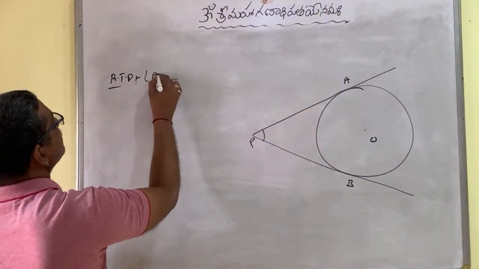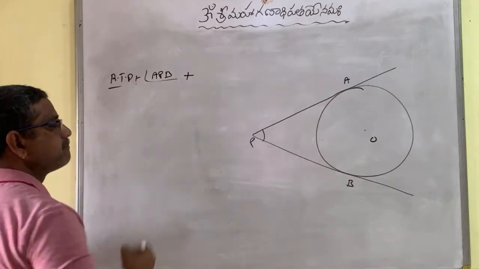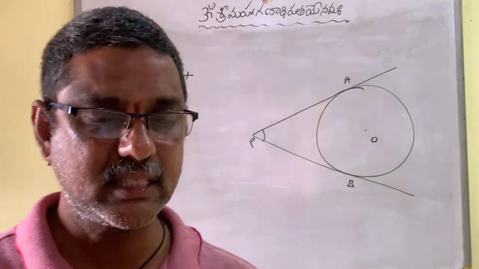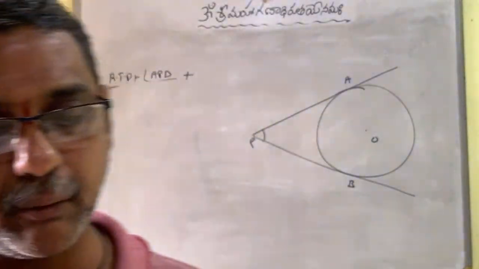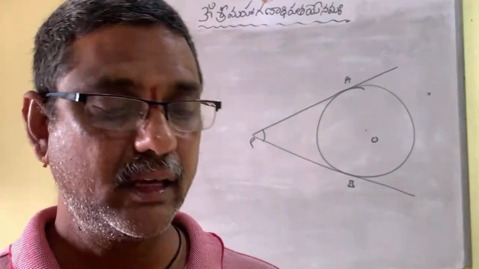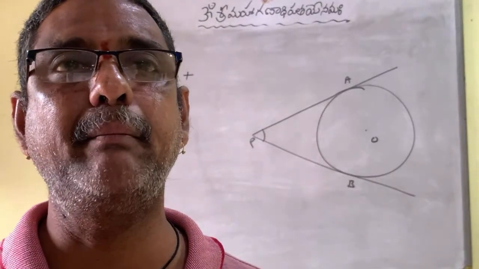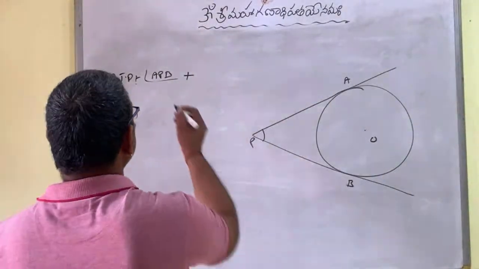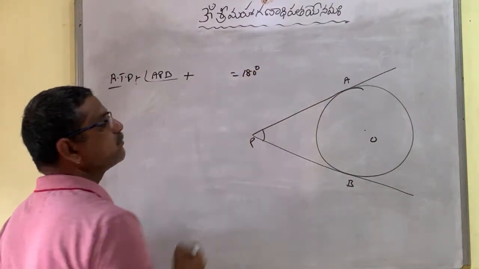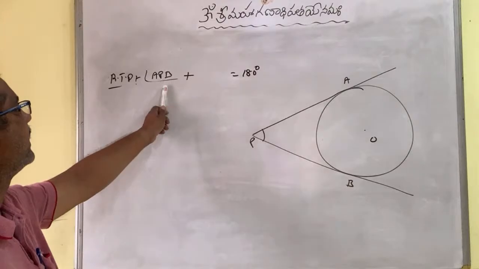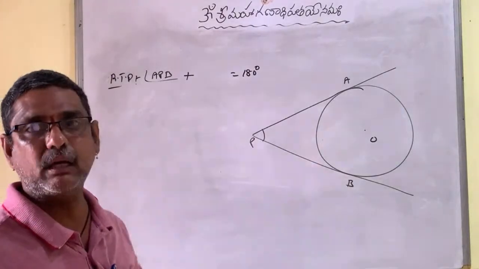Angle APB plus, what else does he say? Prove that the angle between the two tangents drawn from an external point to the circle is supplementary. Supplementary means 180. That means APB plus something is equal to 180. That is what we have to prove. What is something over there?